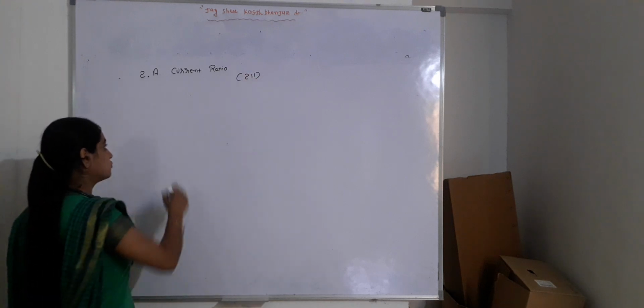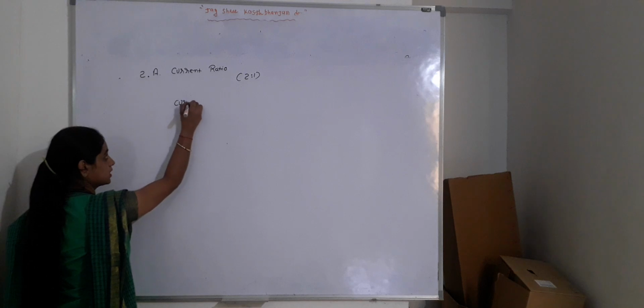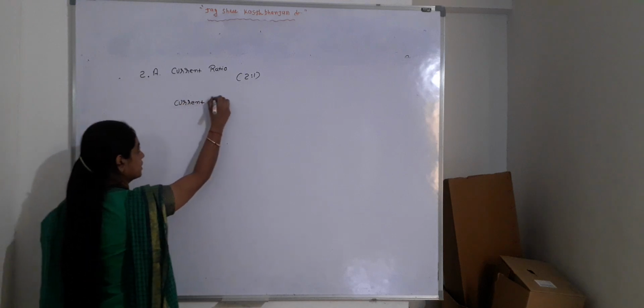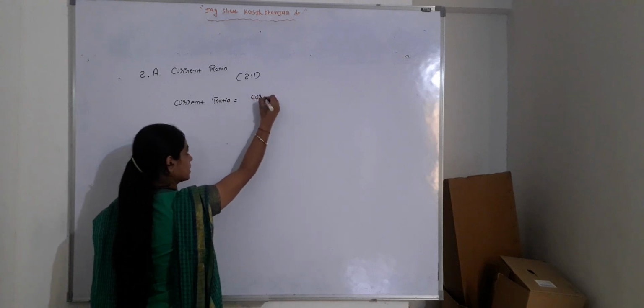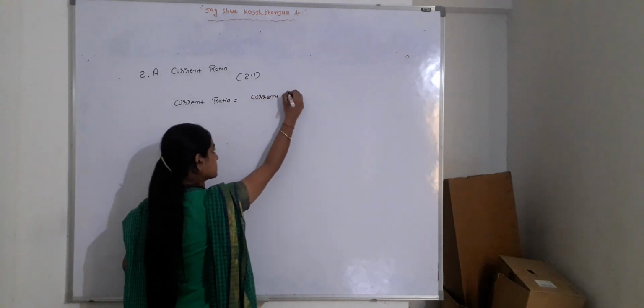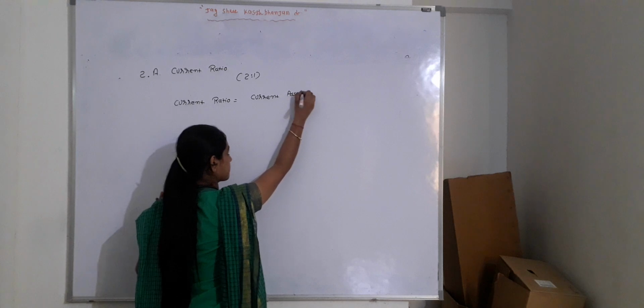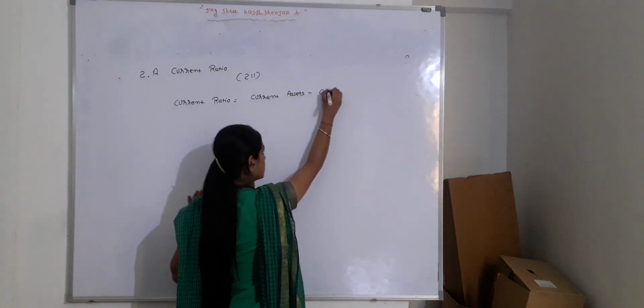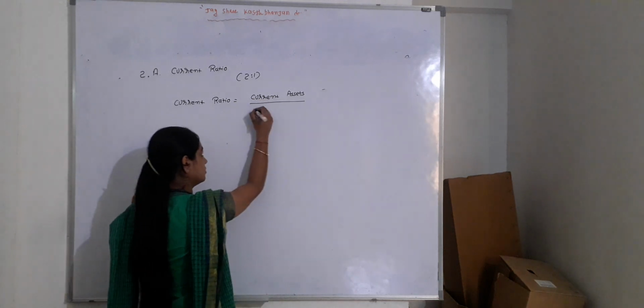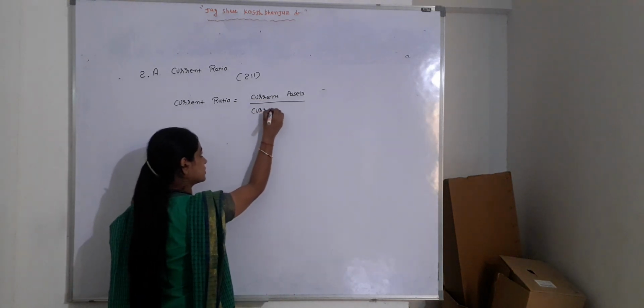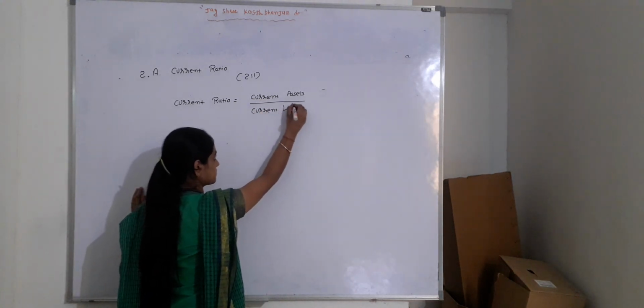The formula to find current ratio is current assets upon current liabilities.